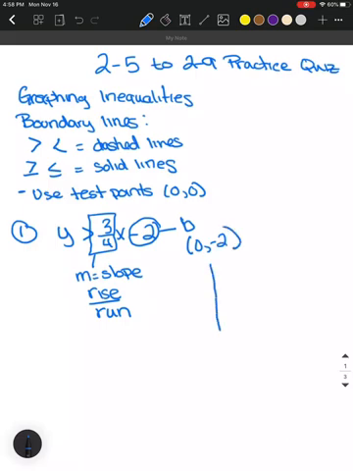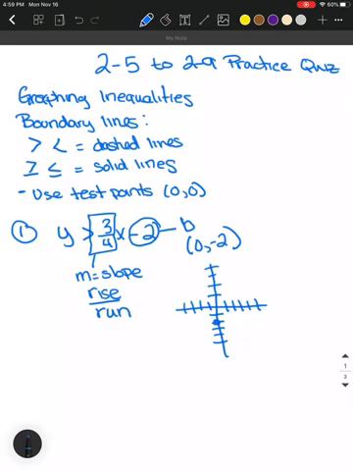If I have my graph, I'm just going to make a grid right here for you. I'm going to begin at -2 on the y-axis, which is right here.